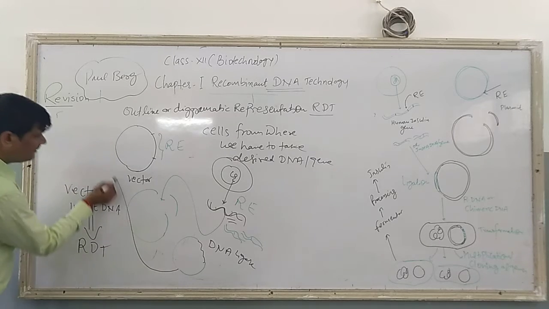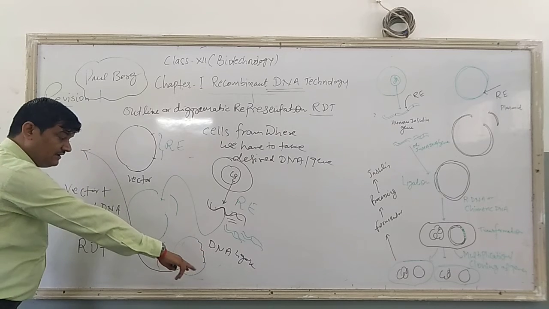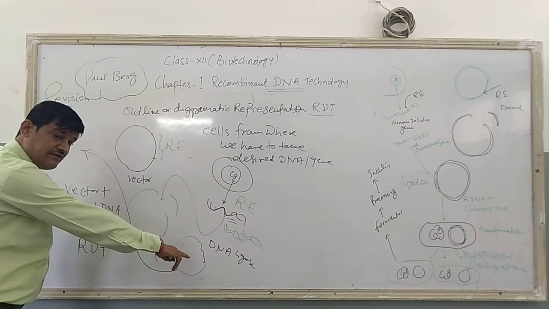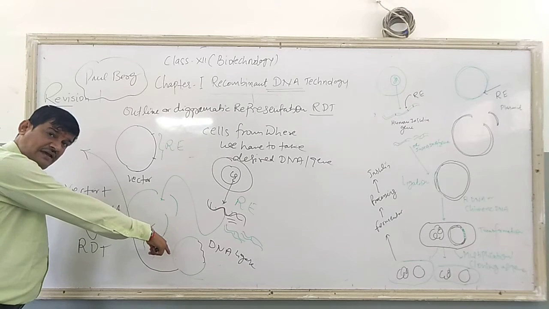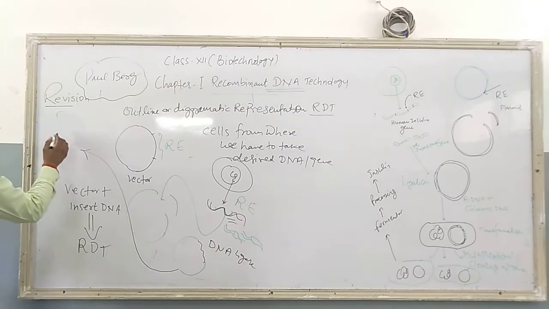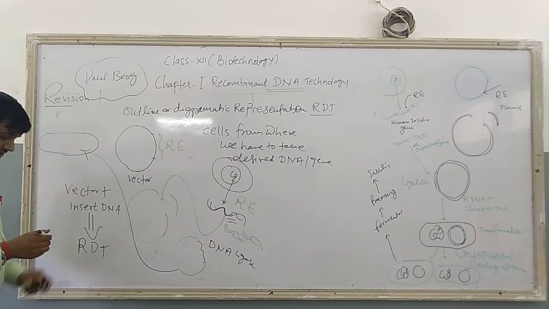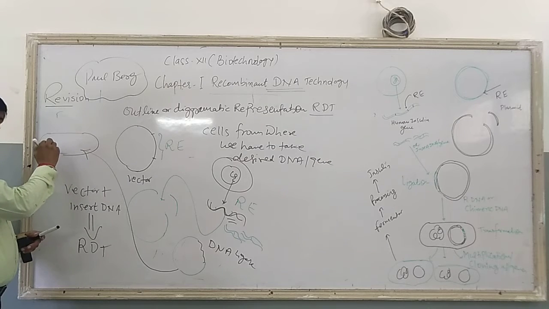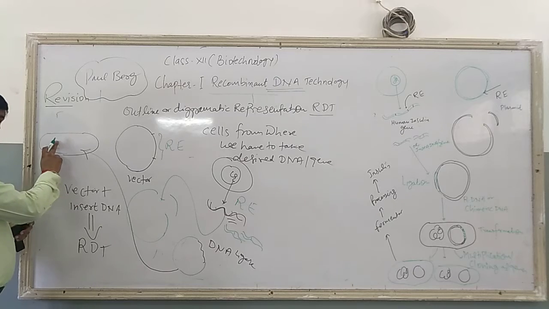This recombinant DNA, it is called now the recombinant DNA, has the foreign DNA or foreign gene on the vector, and the popular vector we are using here is the plasmid. Now it is allowed into the host cell. And please remember that the host cell which we are choosing does not contain the plasmid earlier. So plasmidless host will be used here.